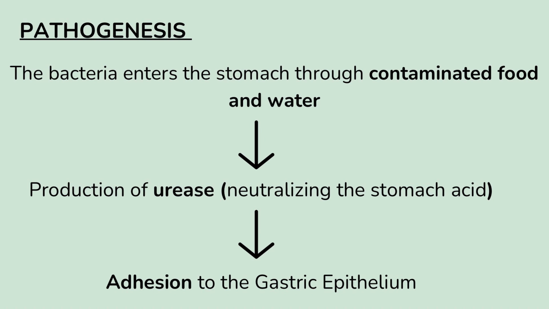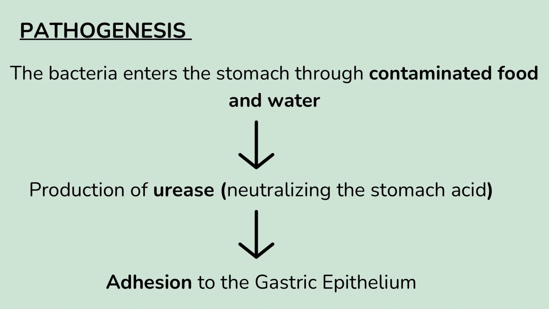Pathogenesis. Helicobacter pylori usually enters the stomach through contaminated food and water and colonizes the gastric mucosa. It has many adaptations that help it to survive the harsh acidic environment of the stomach. One of the adaptations is the production of urease, an enzyme that breaks down urea into ammonia, neutralizing the surrounding stomach acid.